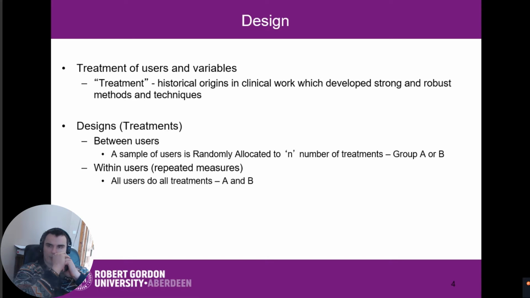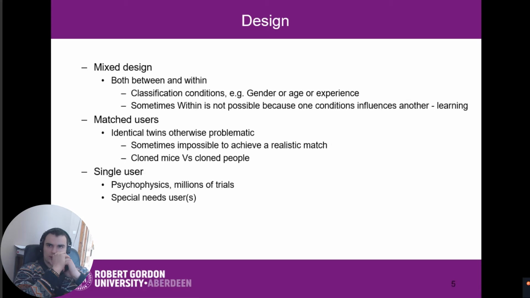Now, this is where I want to tell you about a few other designs and then make a very strong point to you. You'll find that most grown-up designs, which will probably include yours as well, end up as what I call mixed designs. They are both between and within, because while you can allocate users to a group, users often allocate themselves to a group, which is very important.